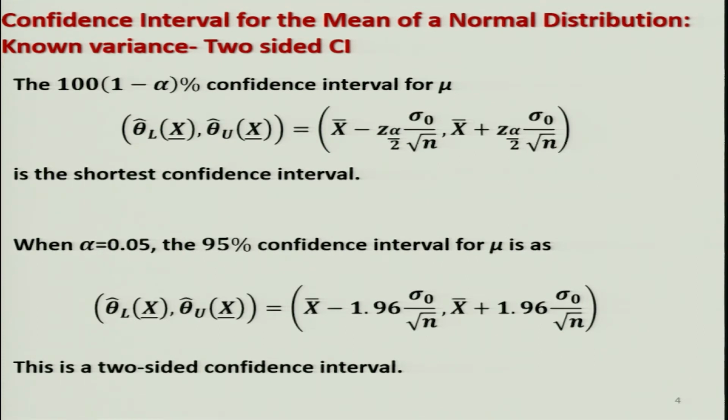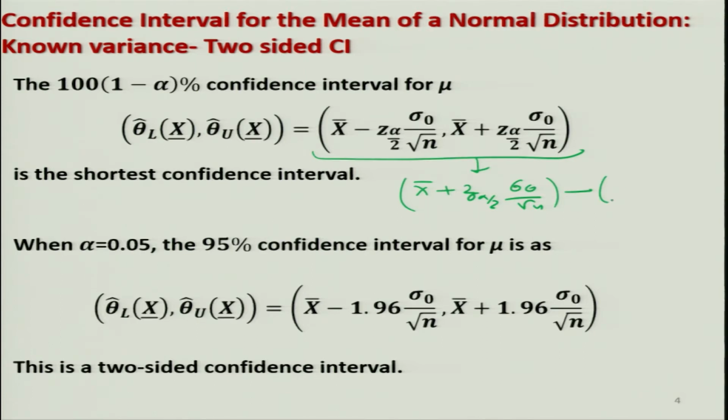And in case you try to prove whether this interval is good or bad, then we can prove statistically also that the length of the interval is the shortest. So, the length of this interval is found as x bar plus z alpha by 2 sigma 0 upon root n minus x bar minus z alpha by 2 sigma 0 upon root n.